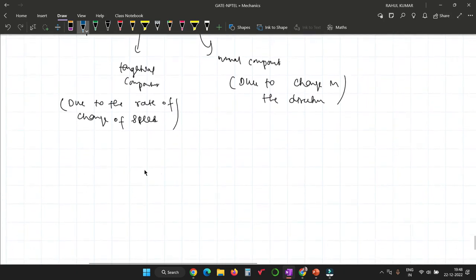Okay, so radial and transverse component. All these things are going into the kinematic part.